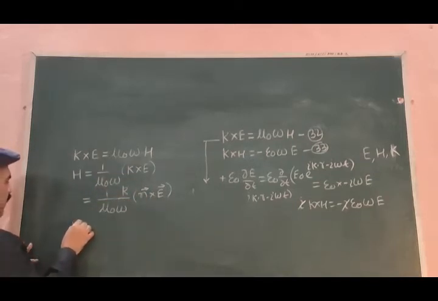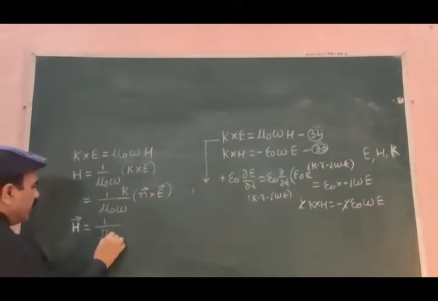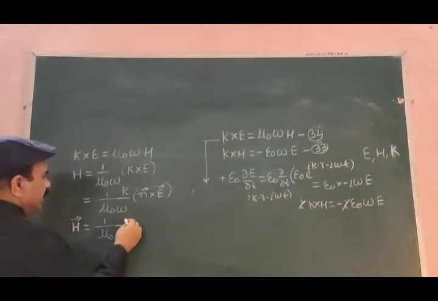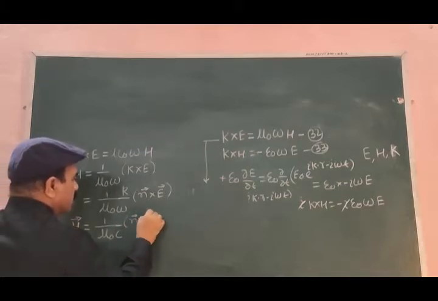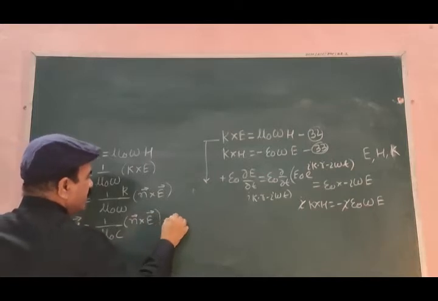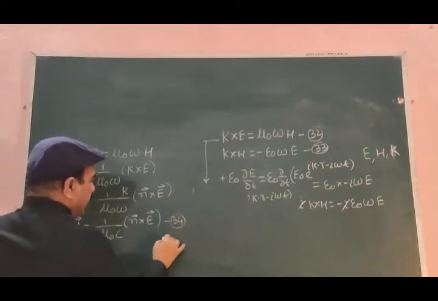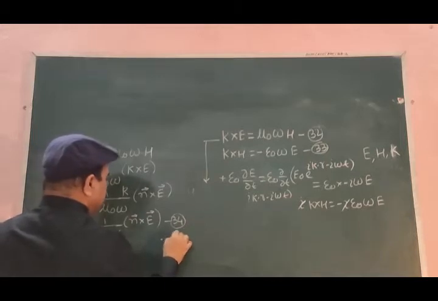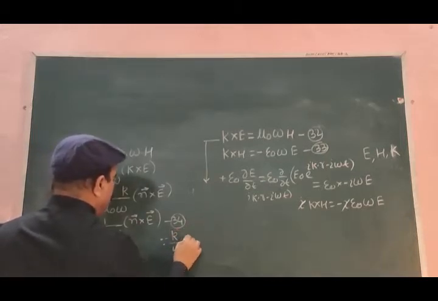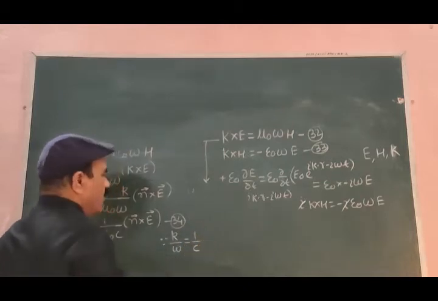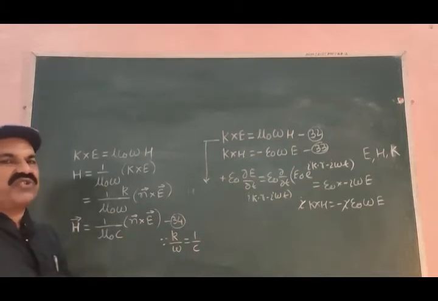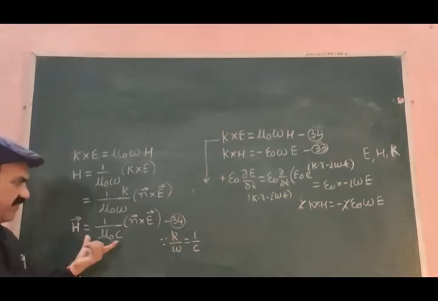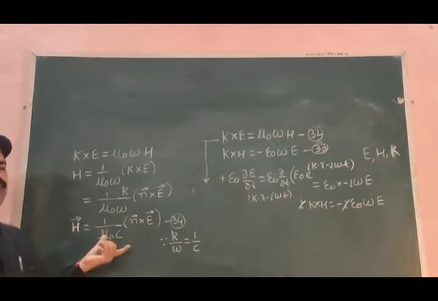And therefore, I may further put vector H is equal to 1 divided by mu 0 C vector n cross vector E. Equation number 34, and the reason here is K divided by omega is equal to 1 divided by C, where C is the speed of propagation of light energy. Equation 34 is written in vector form.